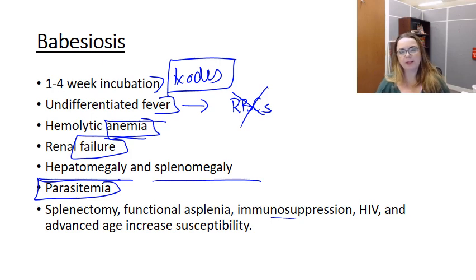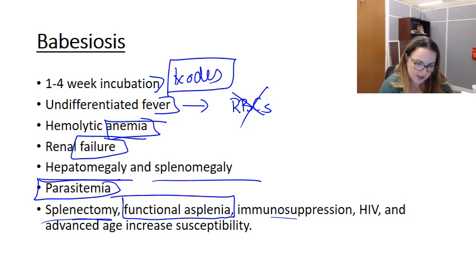There are certain populations that are a little bit more susceptible to kind of advanced babesiosis, particularly patients who have had a splenectomy. If a patient gets in some sort of accident or has some sort of rupture, they might remove the spleen.